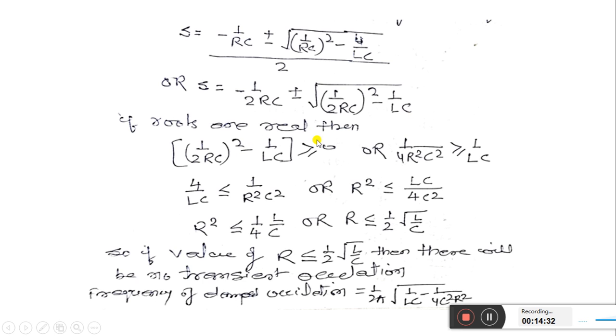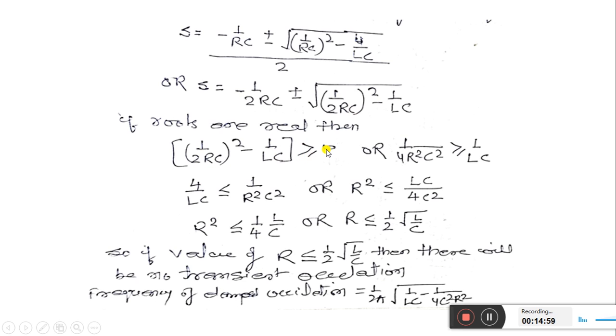If the roots are real, then only we can avoid the restriking voltage. So a necessary condition is that the roots should be real, that is the part under the square root, (1 by 2RC) square minus 1 by LC, must be greater than or equal to 0.